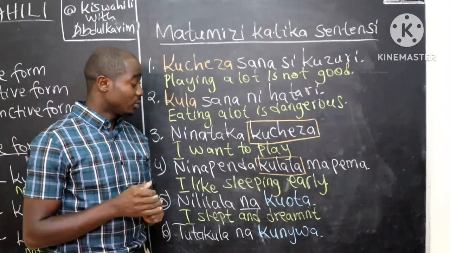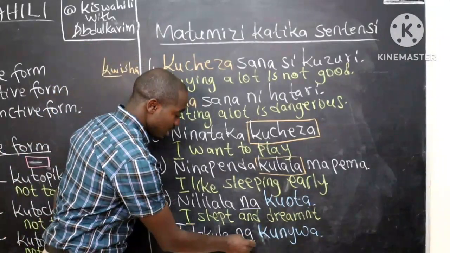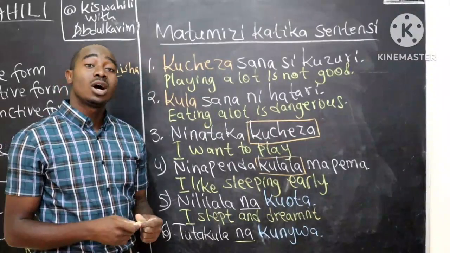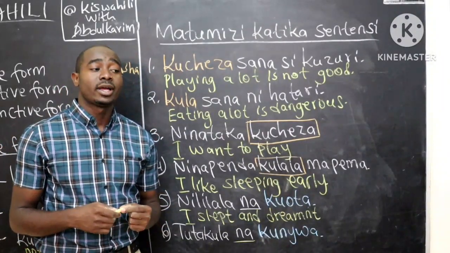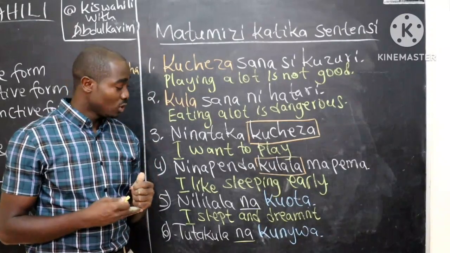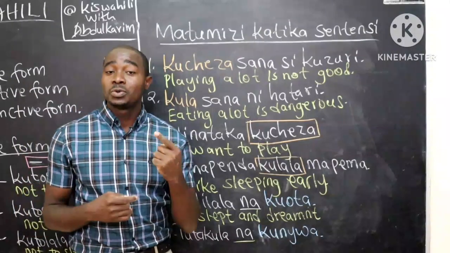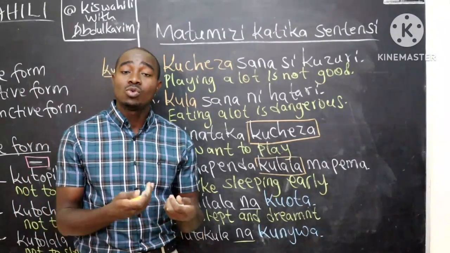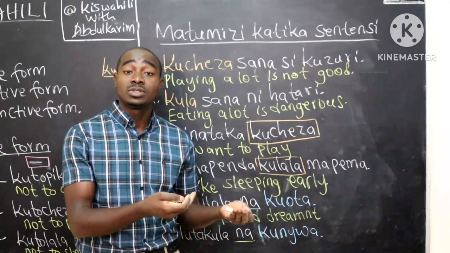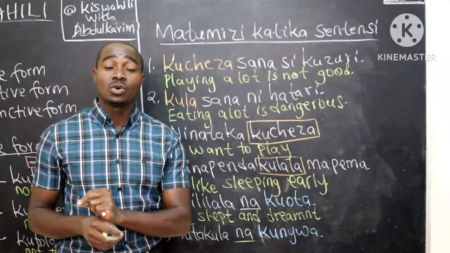Another one. So I said this na here. Also when you have the word kwa, I can say alikula kwa kutumia kijiko. Normally I can say alikula kwa kijiko. This means he ate using a spoon. Also you can say alikula kwa kutumia kijiko.